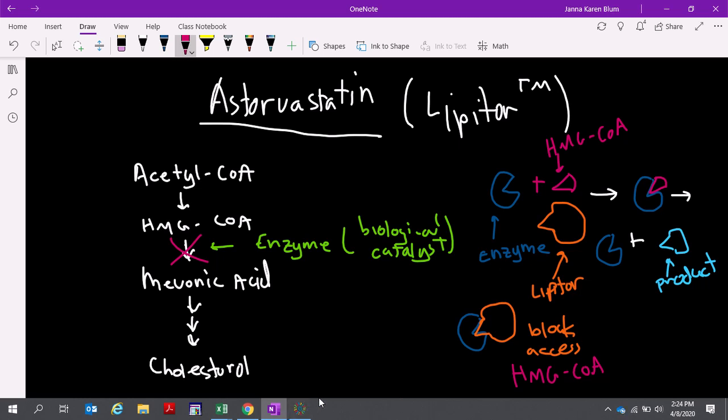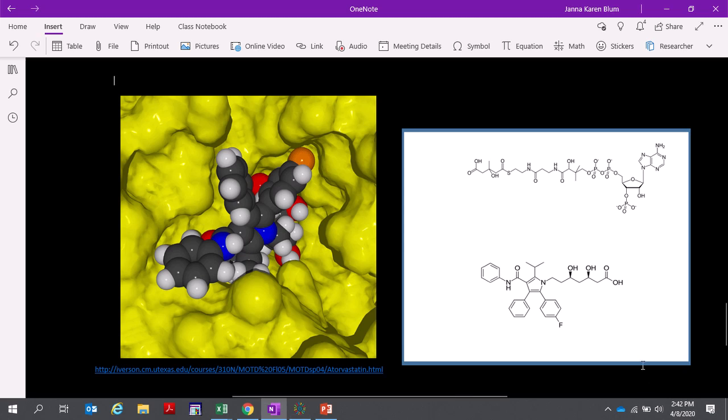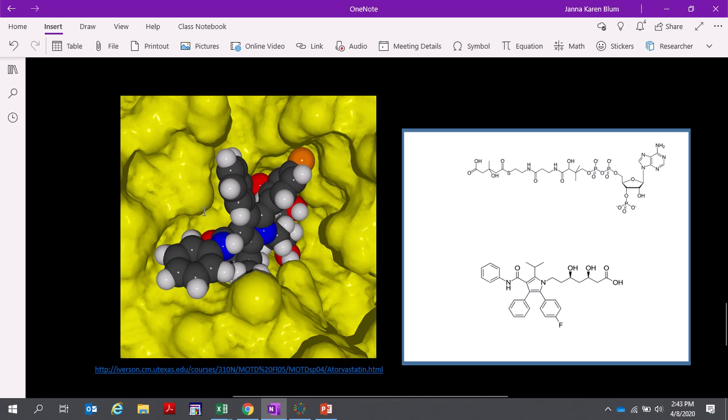So I'm going to show you a picture. In this image, I took an image from the University of Texas, and I encourage you to go to this website that's linked in this video to look at this site. It talks a lot about the Lipitor mechanism. This is actually the yellow part here.